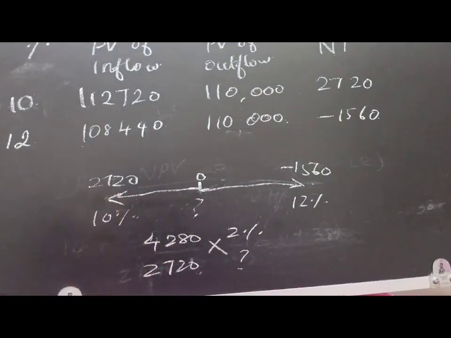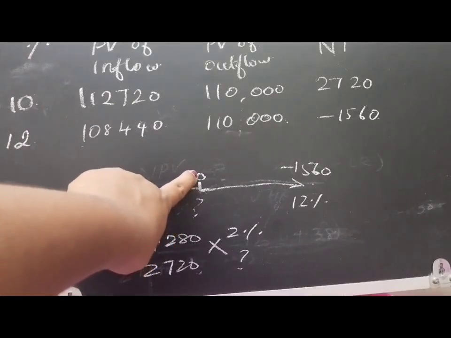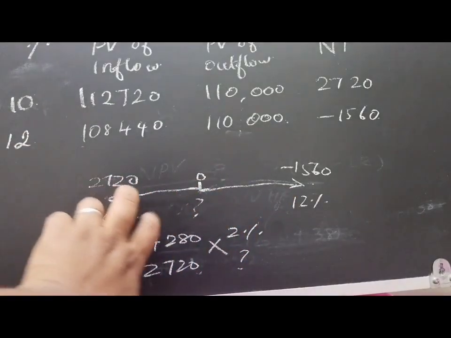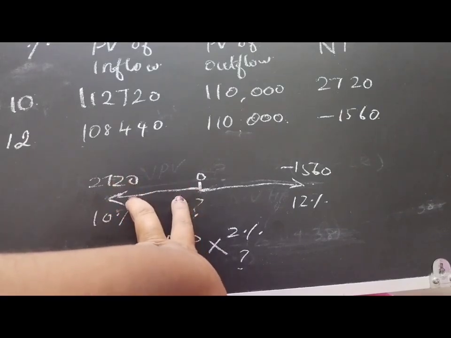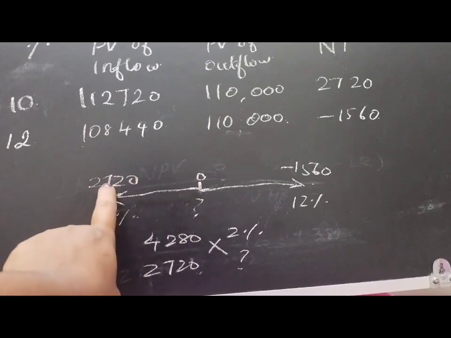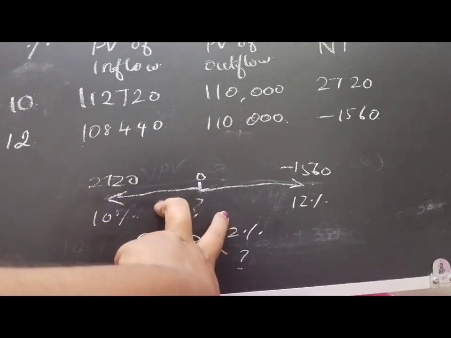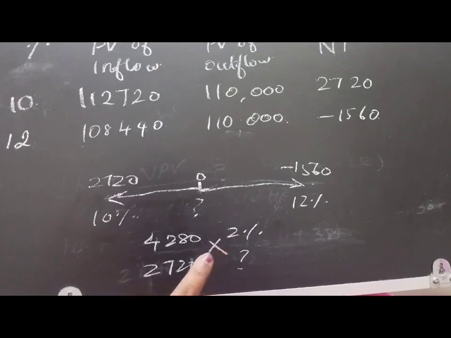Then I need the IRR for this 0 NPV alone, not the entire distance. So how much is the difference of this area? 2720. So for 4280, 2% is the difference of discounting factor.